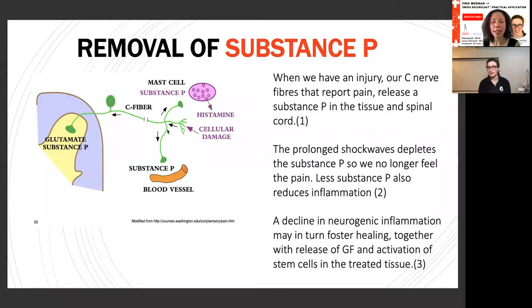That's the biggest difference. A lot of other treatments might not have such an immediate effect.